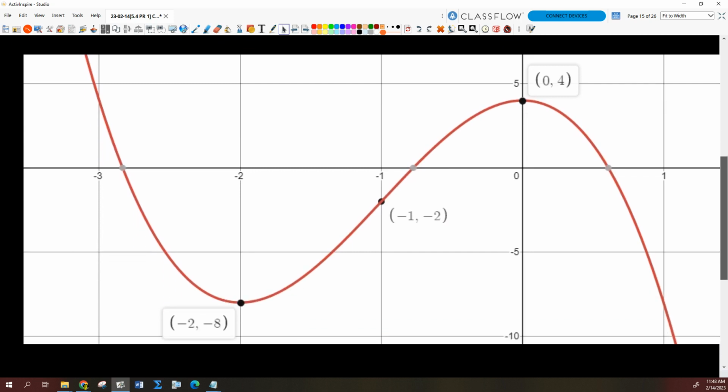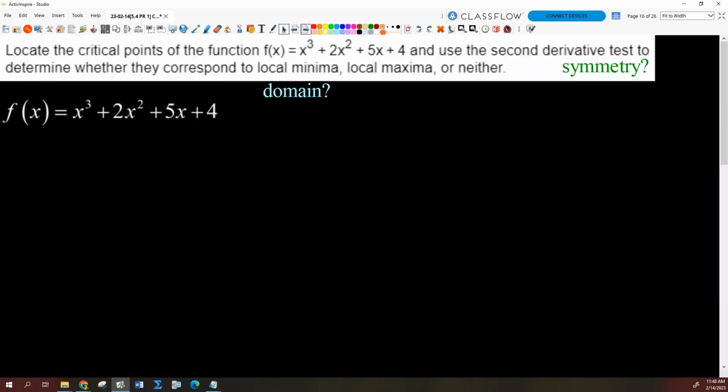Okay, and there's a graph of the function, right? So it's exactly what we predicted. All right. How about one more? Is that the same one we just did? No, that's different. I think that's probably worth doing.